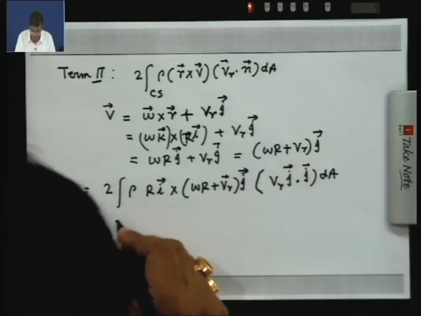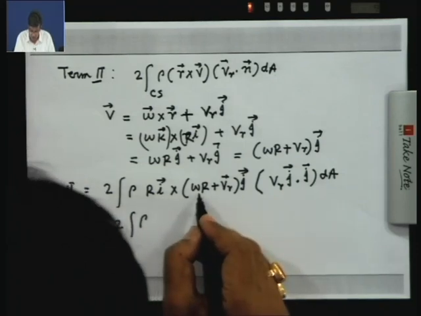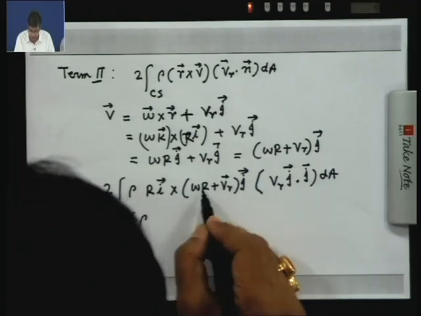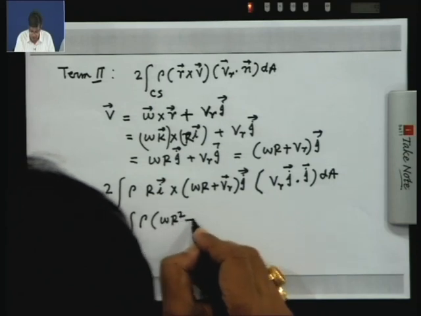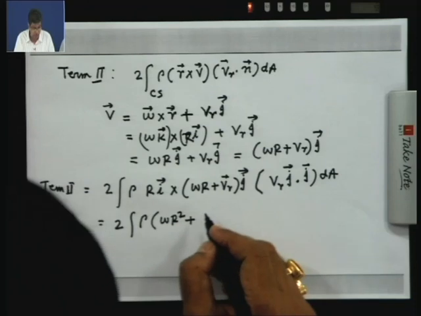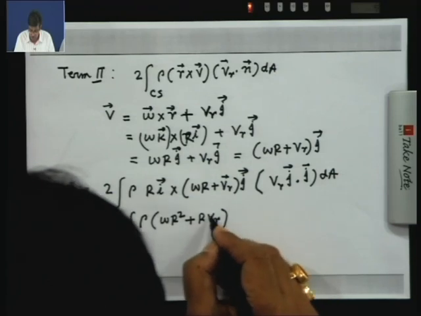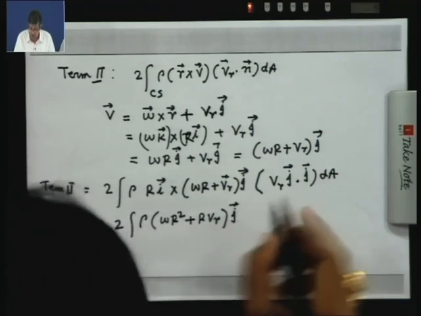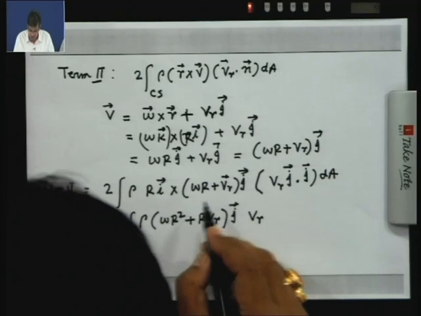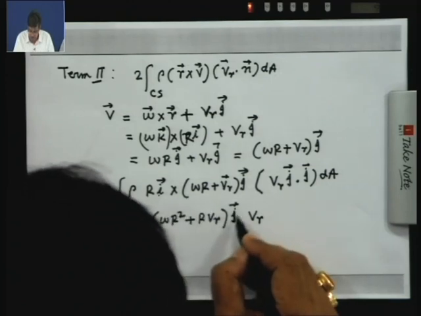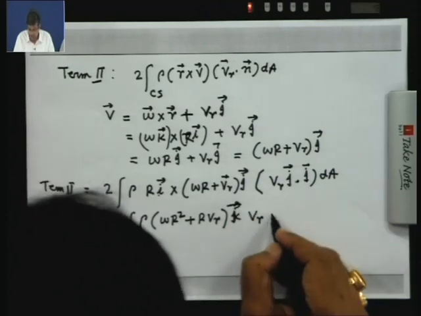So what is this? 2ρ, now R i × j, i cross j is k, I am extremely sorry, i cross j is k. So it is ρ R (ωR + V_R) k, and j · j is 1, so this becomes simply V_R dA.